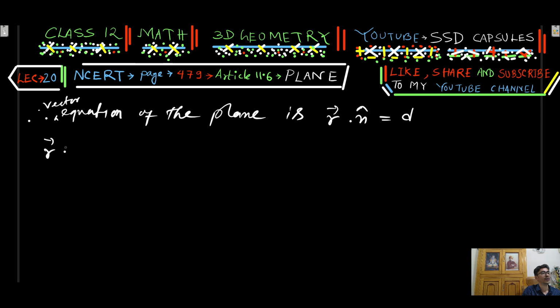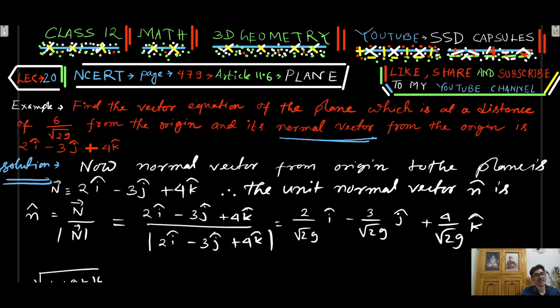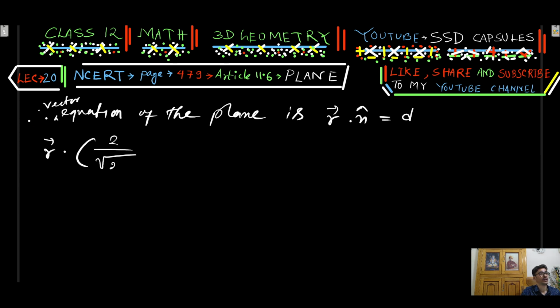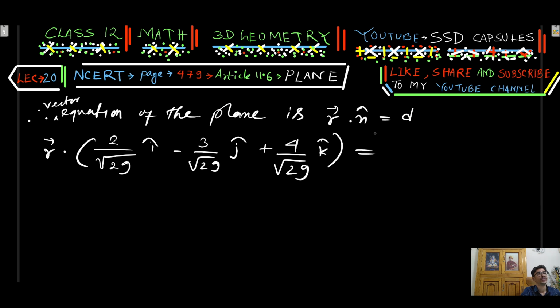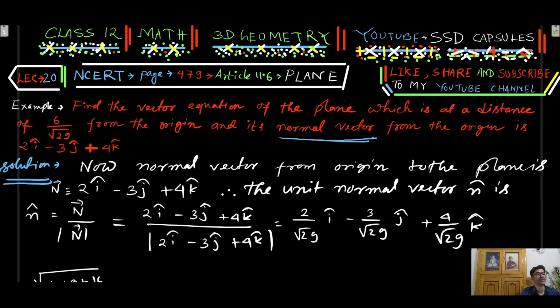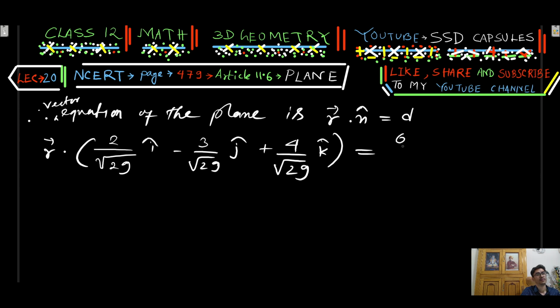So r vector dot 2 by root 29 i cap minus 3 by root 29 j cap plus 4 by root 29 k cap equal to d, which is given as 6 by root 29. So that is the answer.